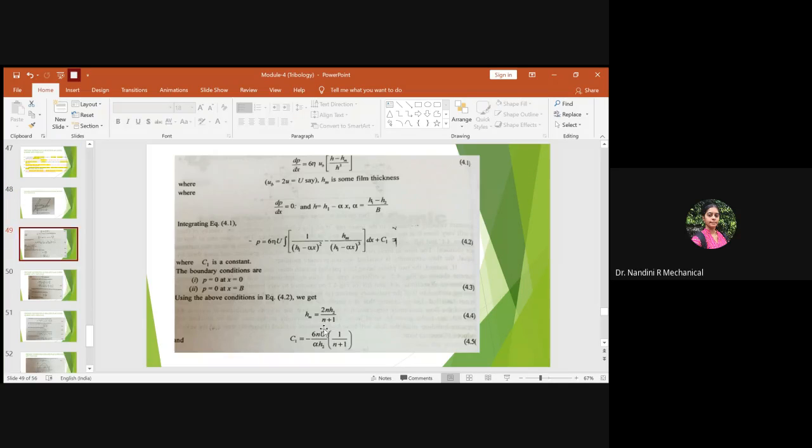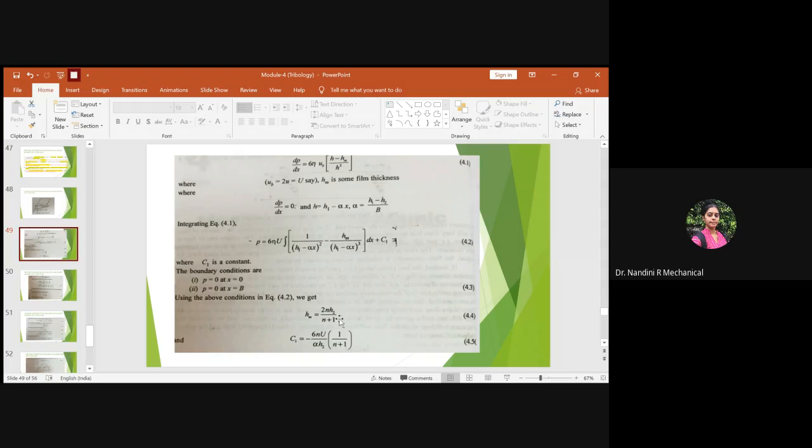Hence the assumption for HM is twice the attitude value into the converged oil film thickness divided by the attitude value plus 1. So in place of HM in the integrated equation, you will be replacing by this terminology. And in place of C1, you will be putting this equation.